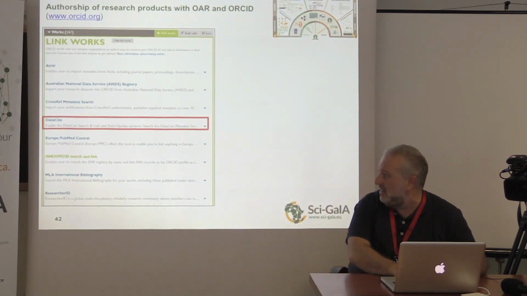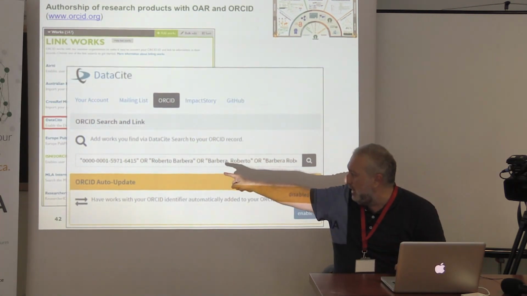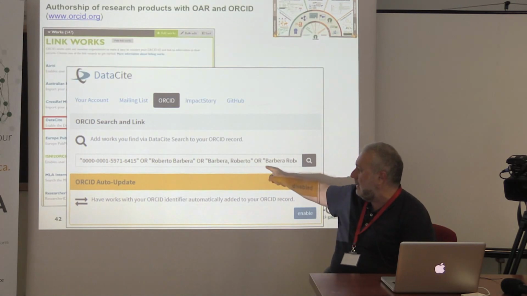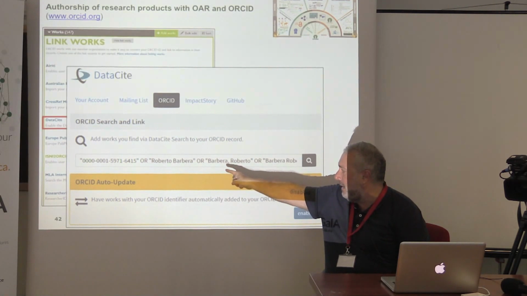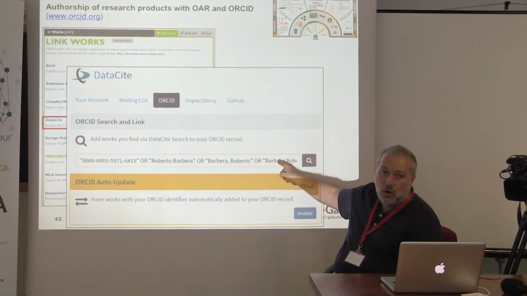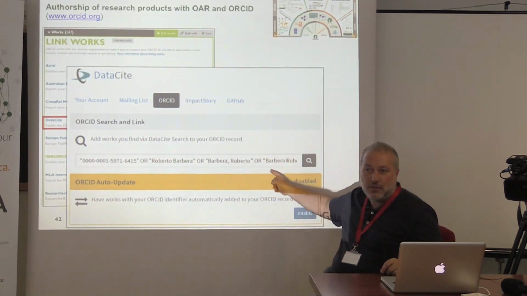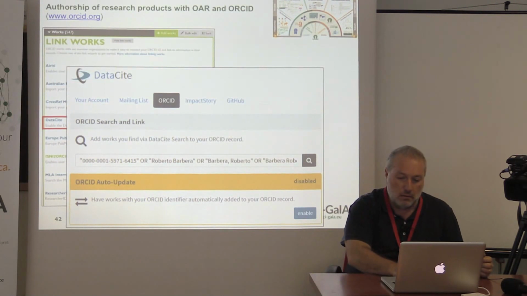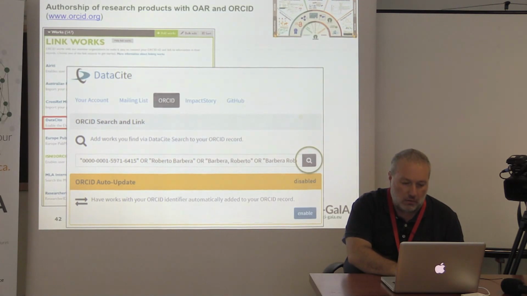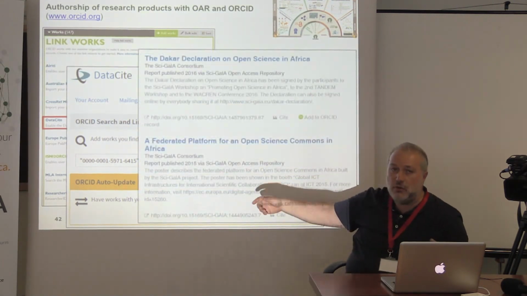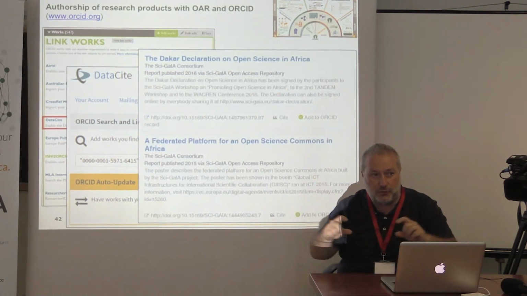So if you click on DataCite, you are redirected to a page where you can put all your identities. That's my ORCID. I sign papers under Roberto Barbera, or Barbera Roberto, or Barbera, or other variants, and you know the way you sign, so you can put everything here. Then you search, and you get a list of papers that fulfill the request.